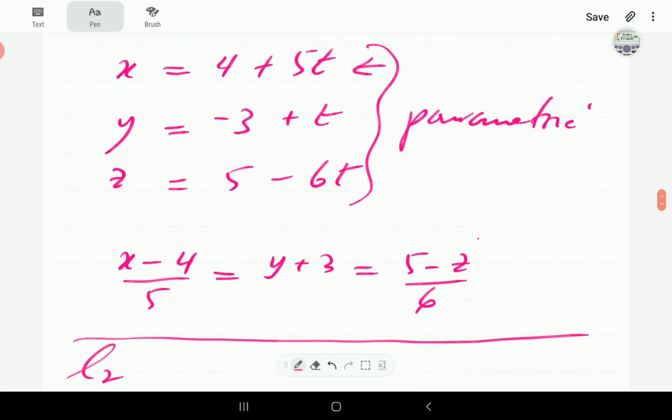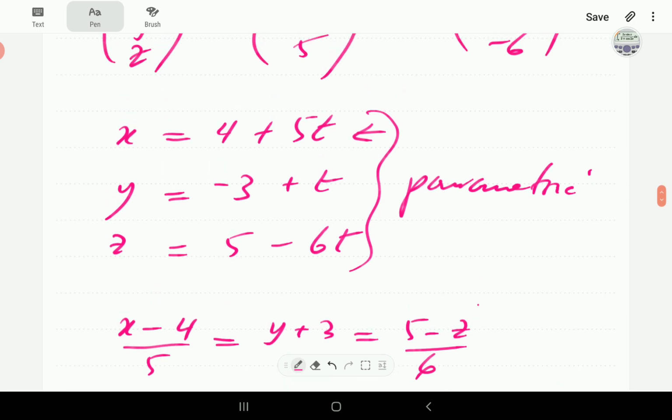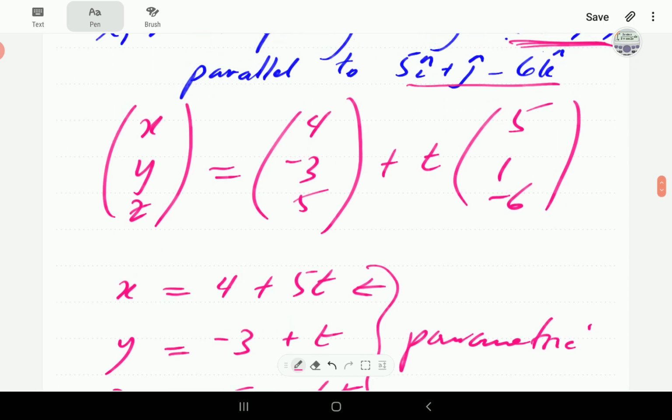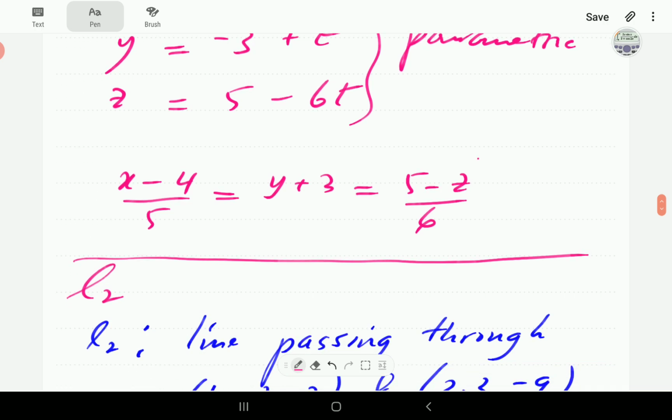The best form to do this will be, I'm still trying to decide. Let's try the symmetric and see how that works out. That doesn't work out nicely. We'll go back to the parametric.